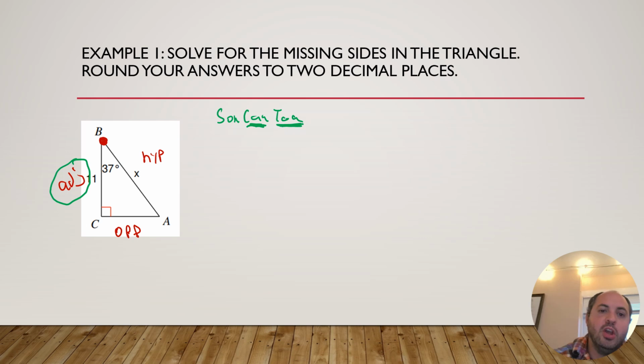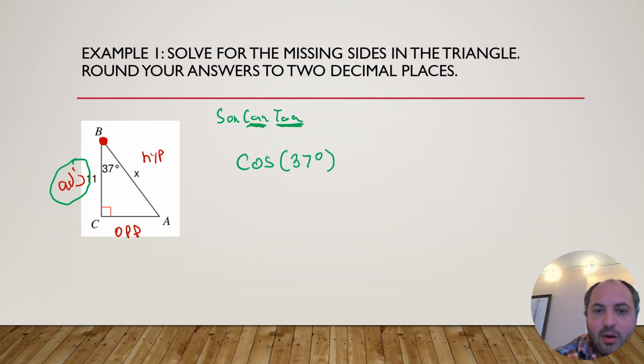In particular, you see that we have the variable x on the hypotenuse. So what we'll want to do is use the version of trig that relates adjacent and hypotenuse, and that's going to be cosine here. So what I can write is that cosine of this 37-degree angle should be equal to adjacent over hypotenuse. Adjacent is 11, hypotenuse is this unknown x.